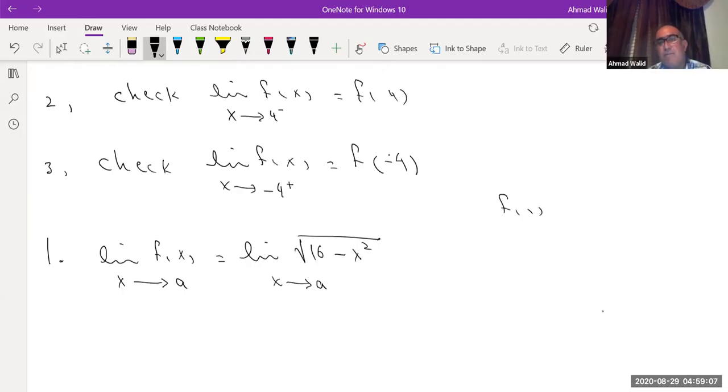The problem was f of x equals the square root of 16 minus x squared, right? I just replaced f of x with the function.